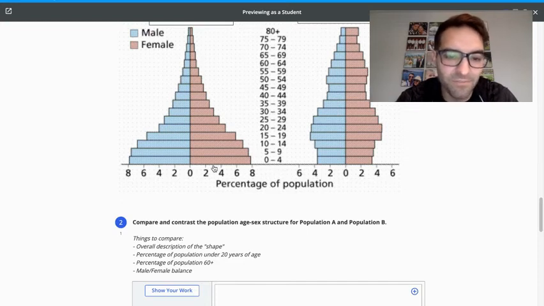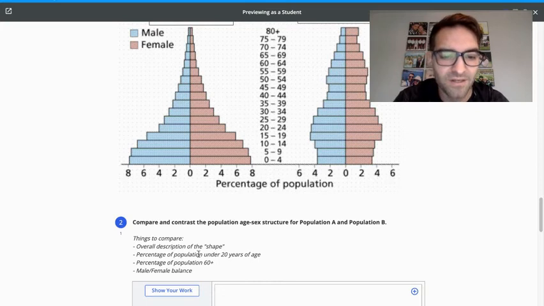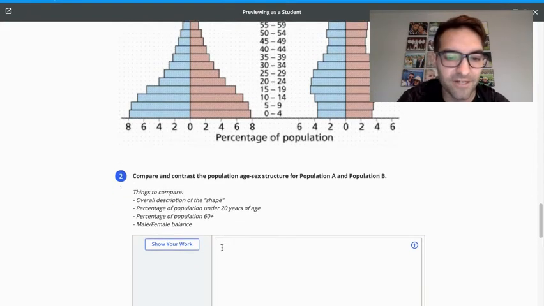I might say the majority of the population I'm seeing is 20 and younger in population A. In population B, it looks a little bit different, where it's a little more evenly spread out. Percentage of 60 and above. So 60 and above, this is pretty small, and this is, I would say, significantly bigger than this over here, right? So compare the two, go back and forth on how you talk about it.